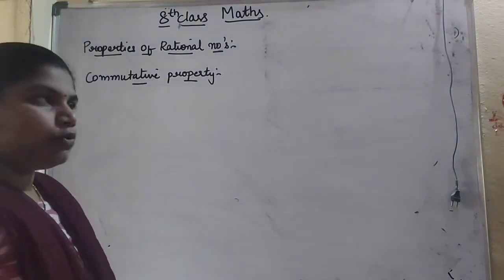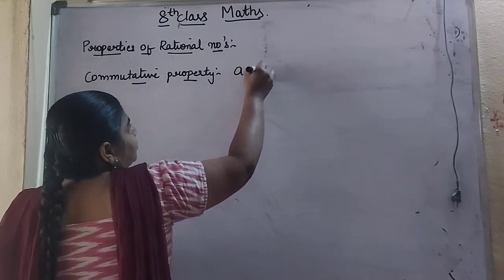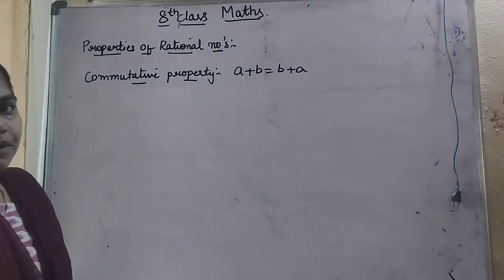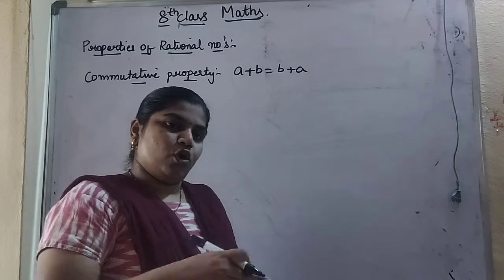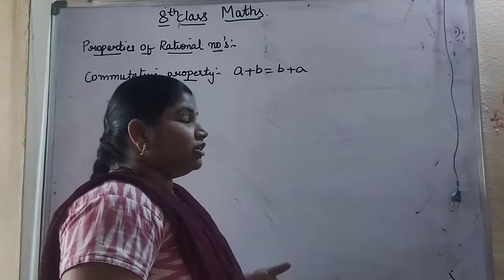That is called commutative property. What is the general form of commutative property? a plus b should be equal to b plus a. Here a and b are rational numbers. In rational numbers, all natural numbers will be included, all whole numbers will be included, and all integers are also included in these rational numbers.